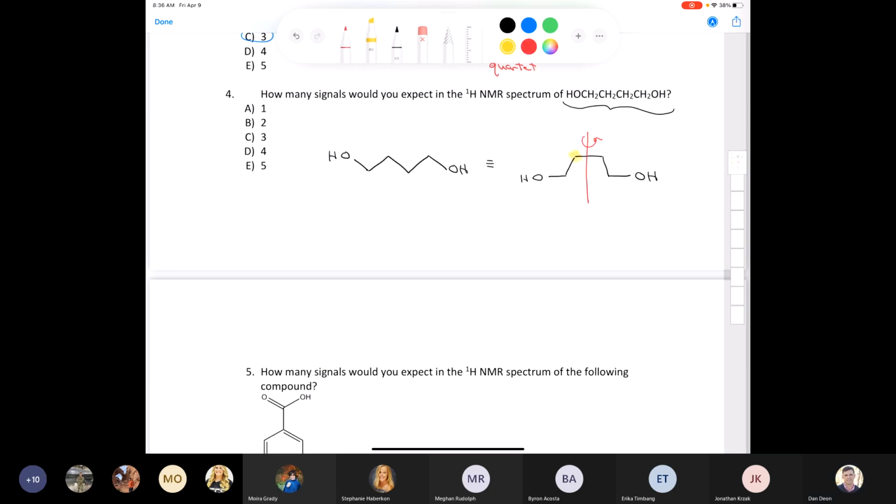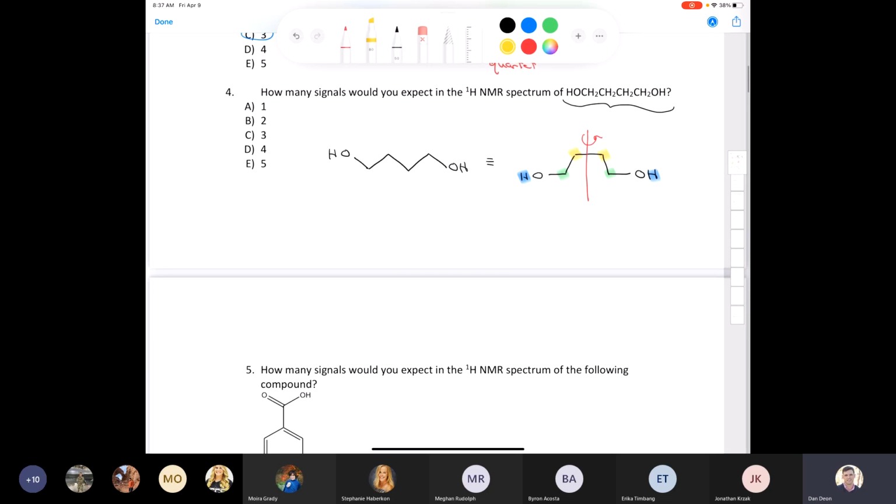And thus, these 2 sets of methylenes are going to be chemically equivalent, as will these 2 sets of methylenes, and the 2 hydrogens will be chemically equivalent. And so we're going to see a total of 3 signals for this compound due to the axis of symmetry.